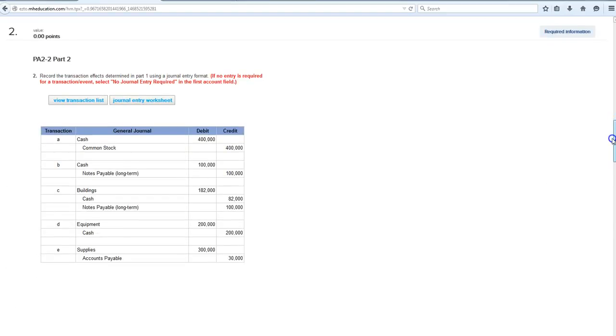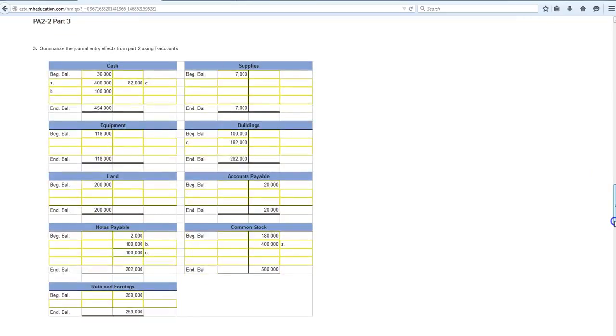Okay, now in transaction D, we go to equipment, put $200,000 on the debit or left side, then cash, put $200,000 on the credit or the right side. Okay, let's see, here's equipment, transaction D, $200,000 on the debit or left side and notes payable, transaction D, $200,000 on the right side.